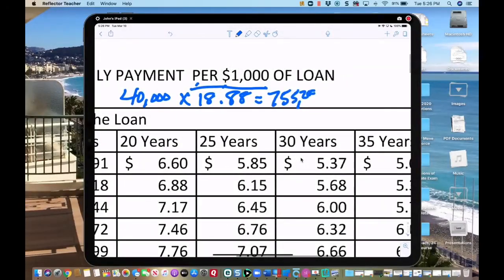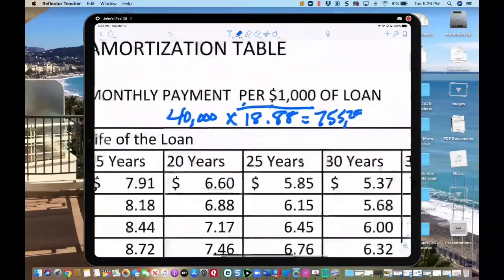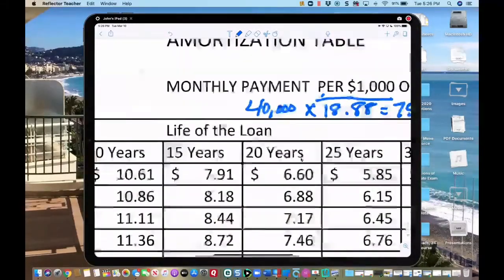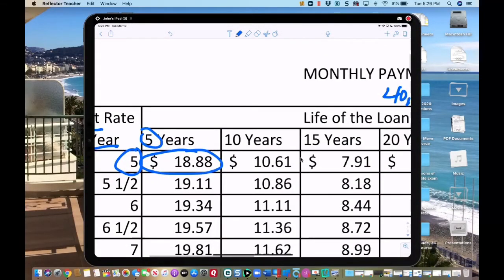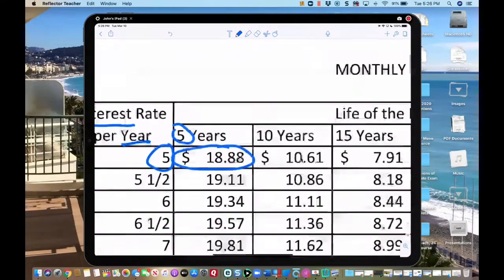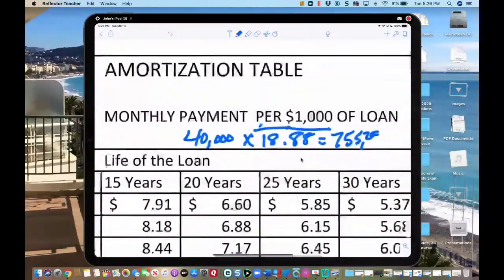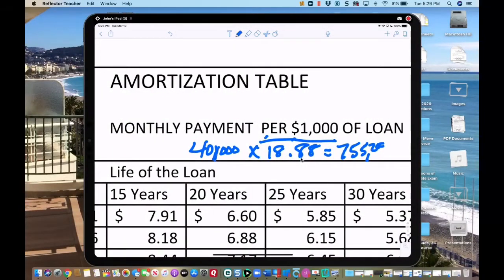That cannot be right, that's totally wrong. $18.88 at 5%, so it's 40. No wonder, sorry about that. I don't know why I took 40,000. So 40 per thousand times 18.88 gives you, that would be the monthly payment per 1,000 of loan.